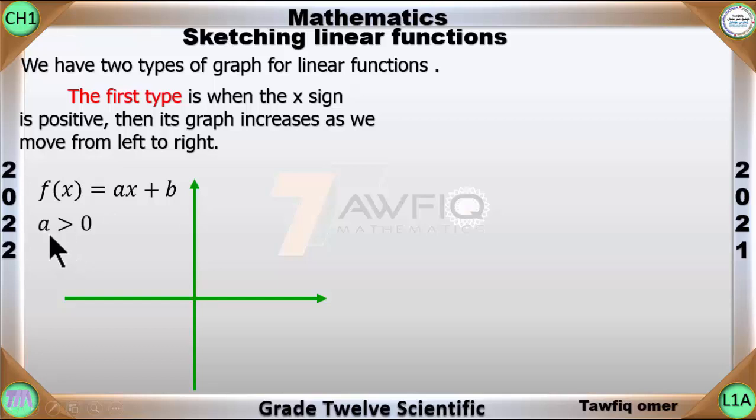If a is bigger than 0, the function is increasing when we are moving from left to right.